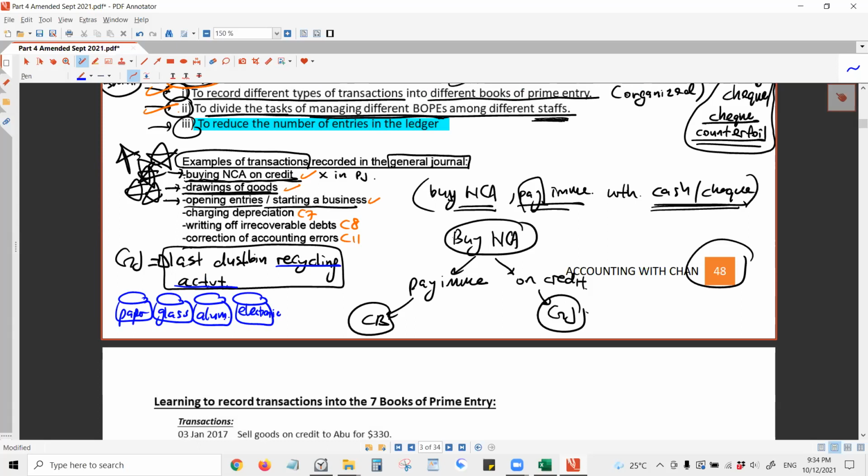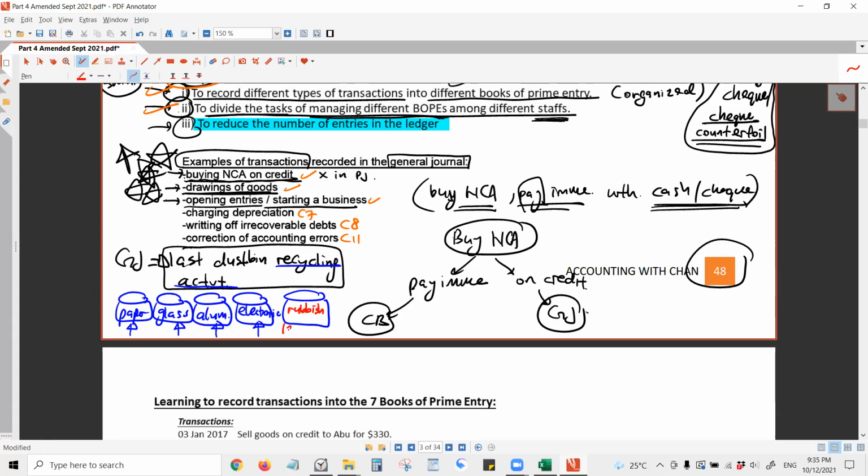Papers, glasses, aluminum, electronics. So these are the things that can be categorized. And for things that you cannot recycle, what do you call it? Rubbish, right? Things that you cannot recycle, you call it rubbish.